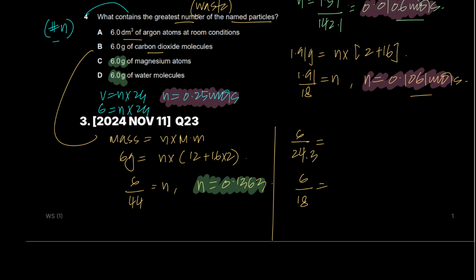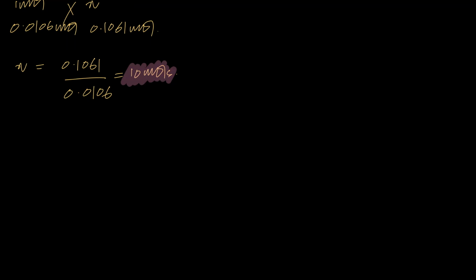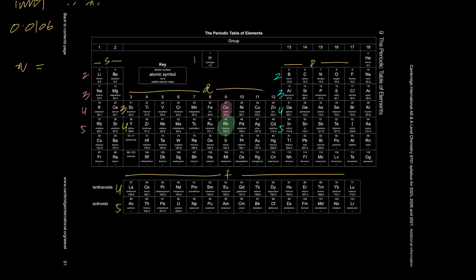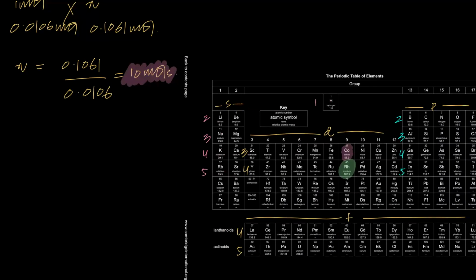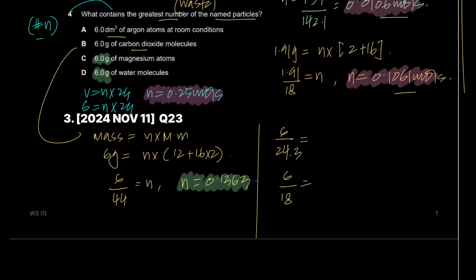It's 24.3 effectively in O level, in AS level, if I remember correctly. Because if I look at my periodic table, let's see if my memory serves me right. Absolutely. See, in your periodic table, these are a little different. So it's 24.3, not 24 like in O levels.